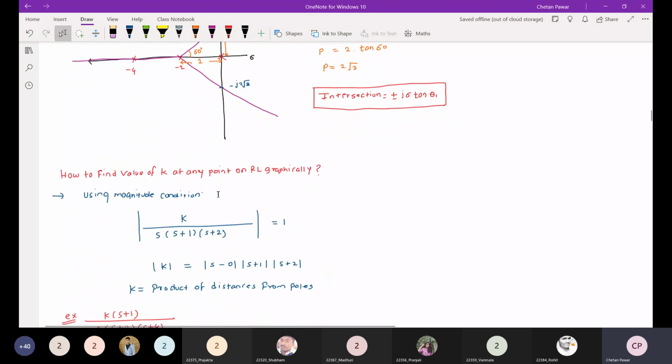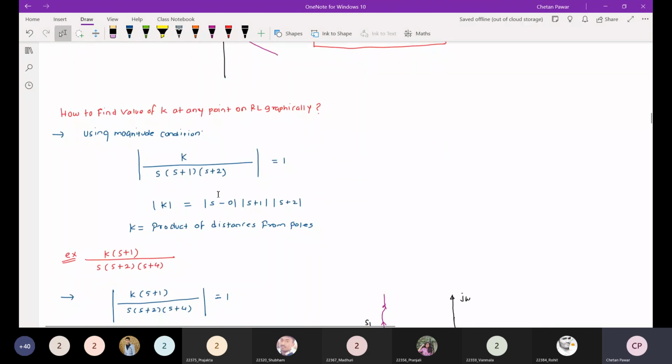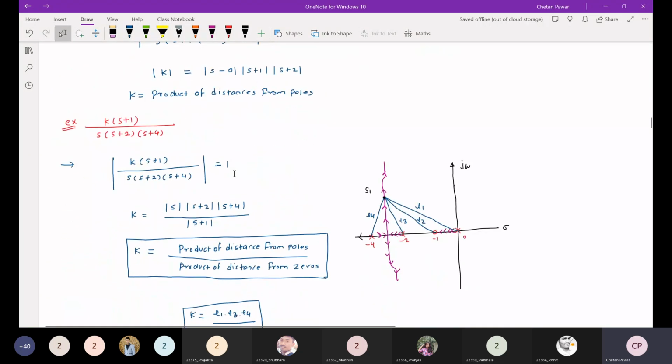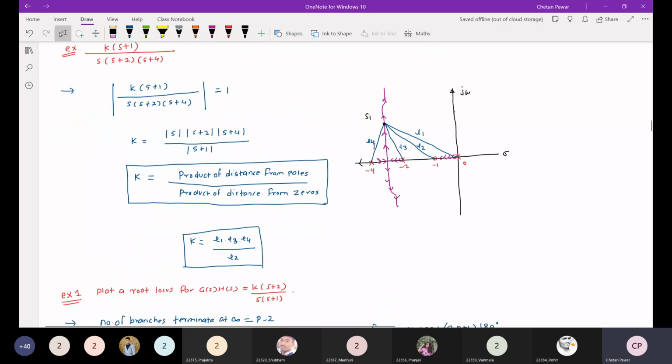As we know, if you want to find the value of K on a root locus, we use a magnitude condition, right? There is another method by which you can find the value of K. For example, if I want to find the value of K at a point s1, this black point is s1. I take the product of distances from the poles divided by the product of distances from the zeros.